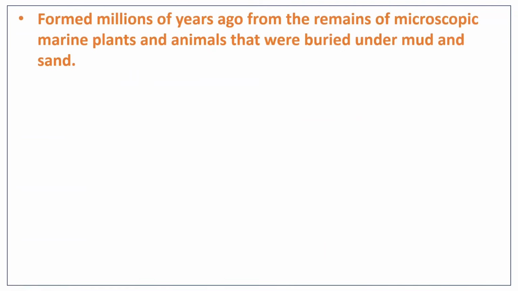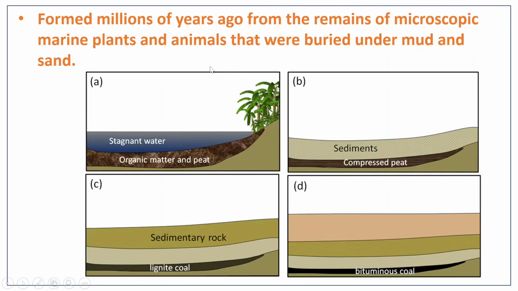We have to understand that crude oil formed millions of years ago from the remains of microscopic marine plants and animals that were buried under mud and sand. This implies that all the animals and plants that lived millions of years ago have turned into crude oil.